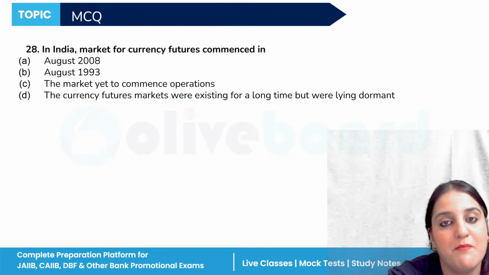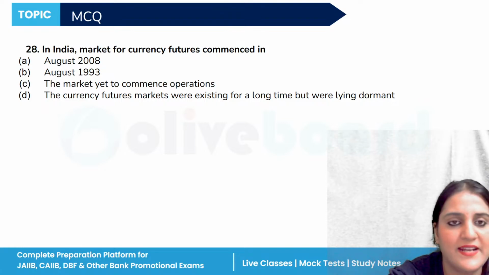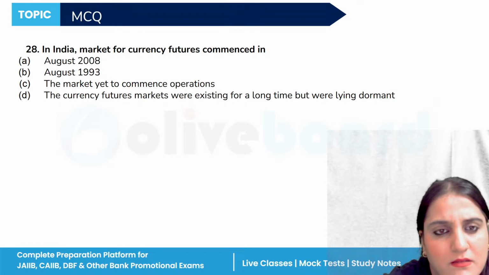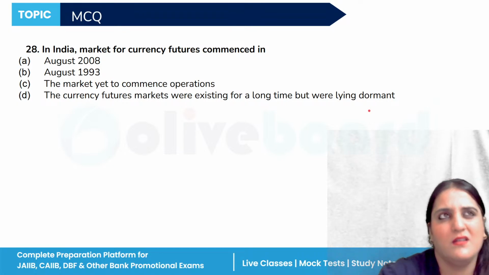And next, in India, the market for currency futures commenced in August 1993. No, I think in August 2008.